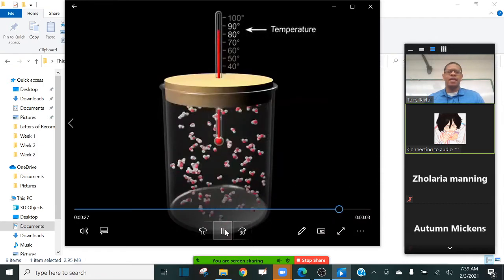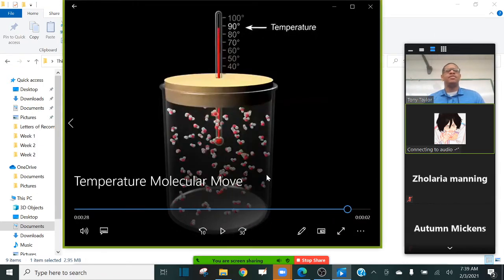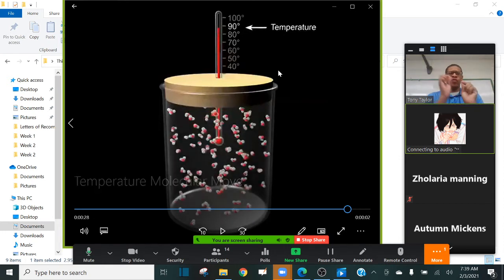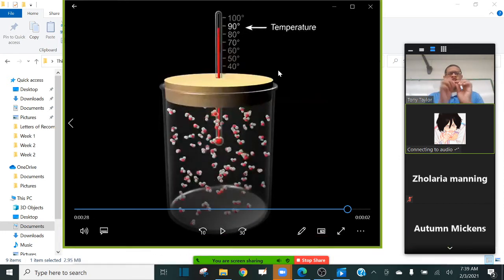Okay, so everybody see that? That's what we mean when we say temperature. We're talking about the kinetic energy of the molecules that make up a substance. So imagine these were water vapor molecules inside this jar. You clearly saw that as the temperature went down, those water vapor molecules, moving randomly, began to slow down.